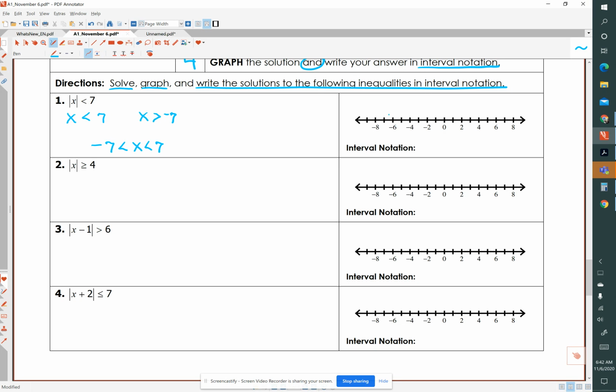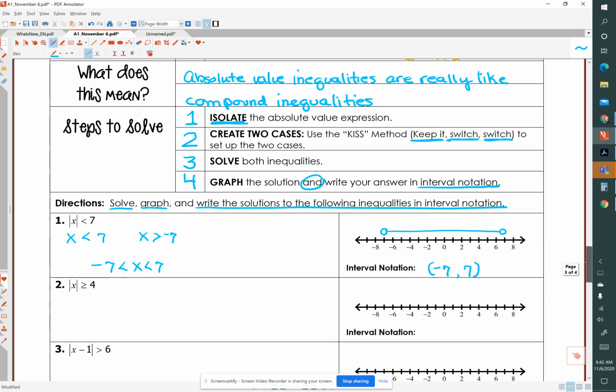So we have an open circle on -7, open circle on 7, and we simply connect them. We write it in interval notation. So let me clean that up a little bit and write it neatly. -7, comma, 7, parenthesis.